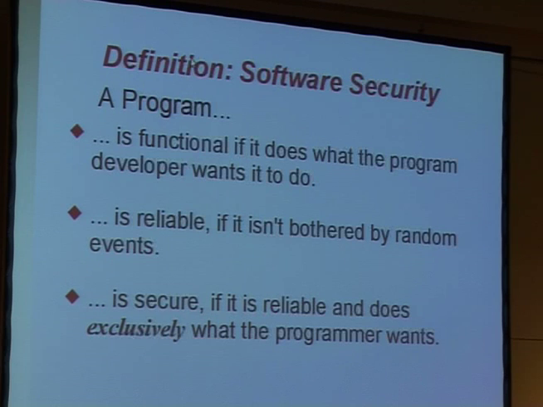But it is secure if it is reliable and does exclusively what the programmer wants. So even if some specially crafted packet, which by accident or random corruption would never come to be, arrives, it still keeps doing only what it should do and doesn't install a rootkit or something like that. I think that's a pretty thorough and wide definition of security.